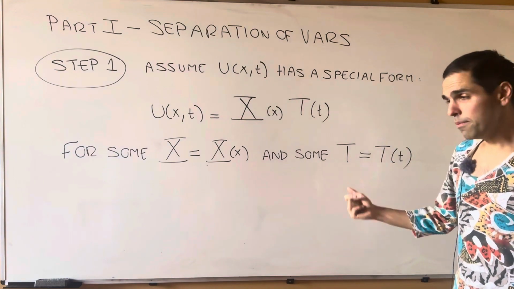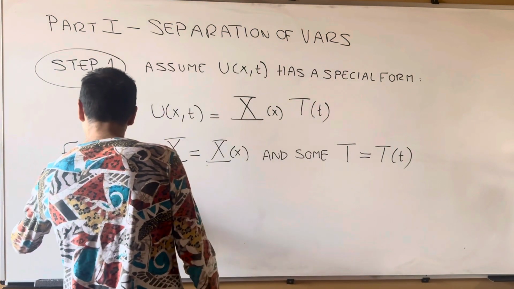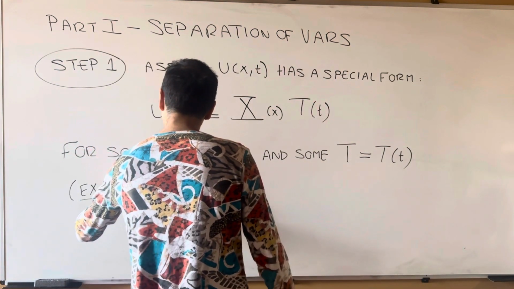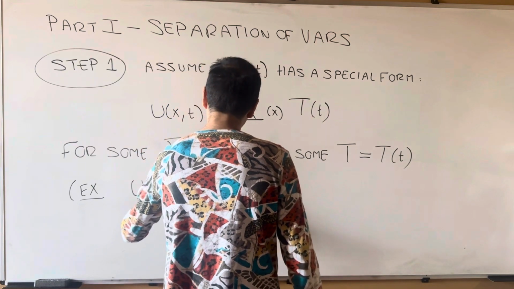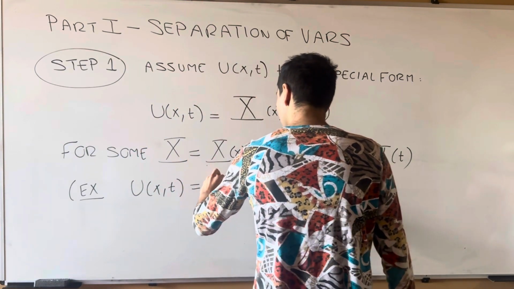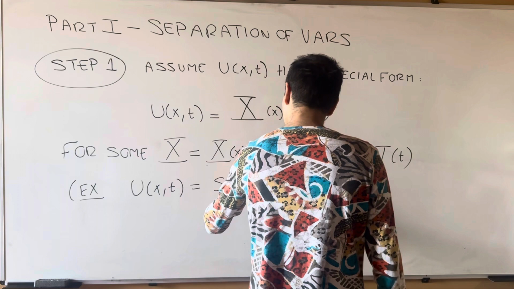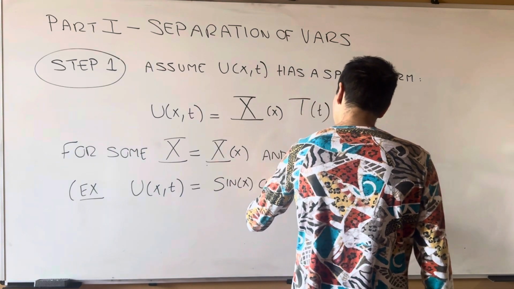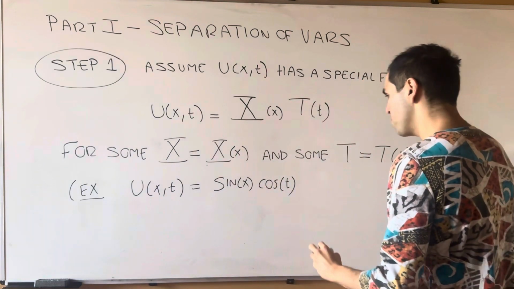So for example, u(x,t) equals sine of x times cosine of t has this form.